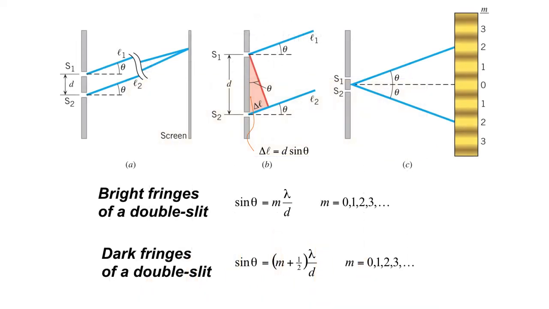All right, so here's kind of an idealized view. Now this is the same thing. And what we're doing is we're focusing on this reddish pinkish triangle here, this right triangle. That triangle is everything. All right. Now here's the approximation that you're working with. If the screen is relatively far away, many multiples of the separation of the slits, so little d here is the separation between slit 1 and slit 2.